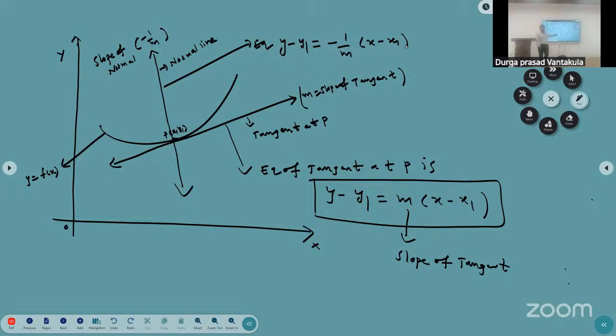Both the lines are passing through x1, y1. The normal line is perpendicular to the tangent line.